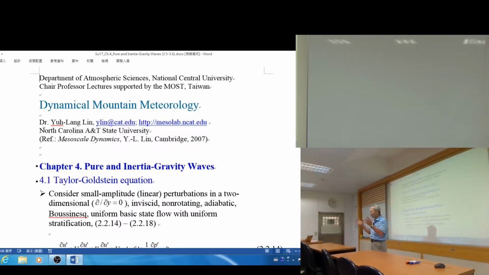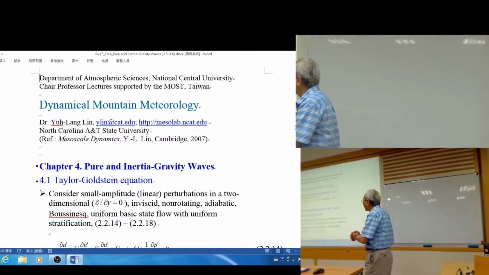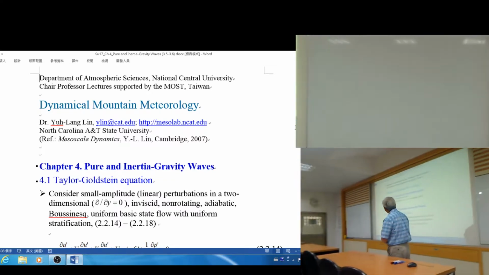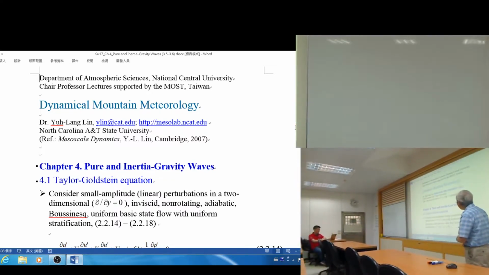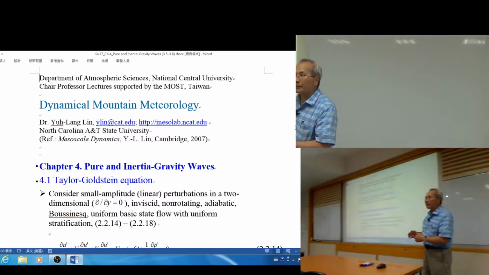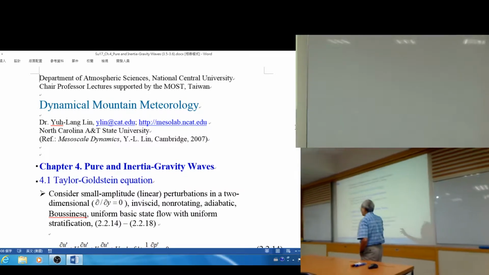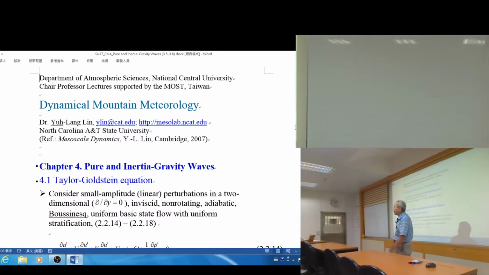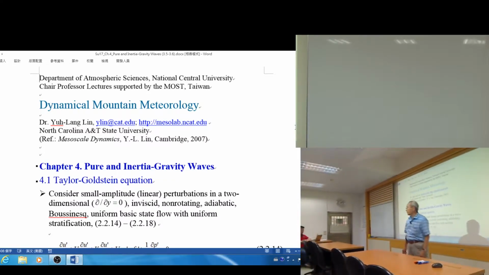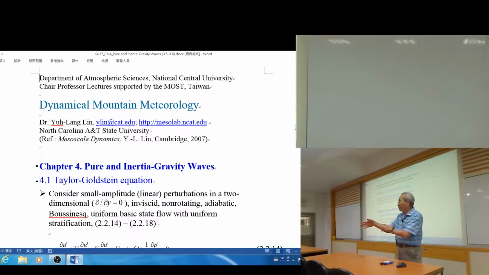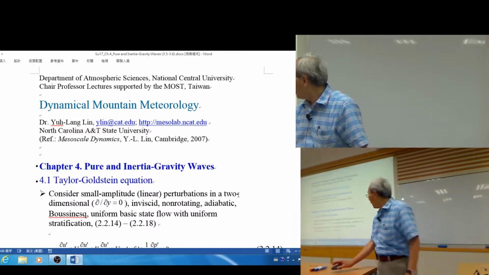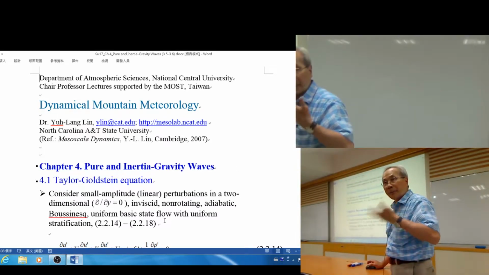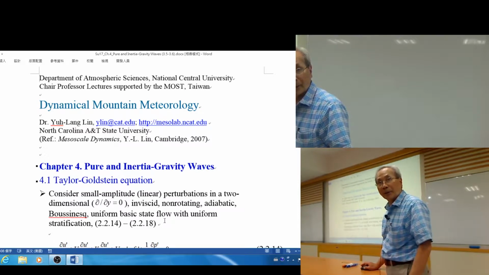So let's start a new topic, chapter 4, the pure and the inertial gravity waves. As I just mentioned, it's probably easier to go this way, spend time understanding pure gravity waves, and then automatically it will be easier to understand the inertial gravity waves, where f is non-zero and the rotational effects come into play. Maybe I should speak louder, that will help.